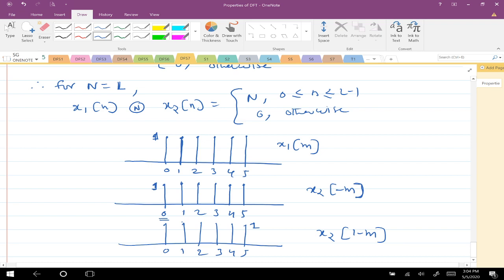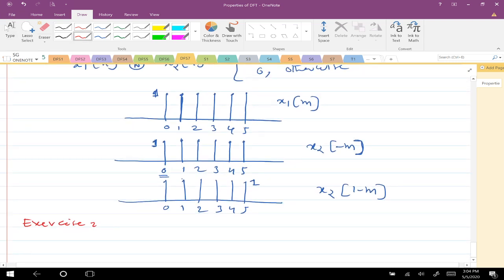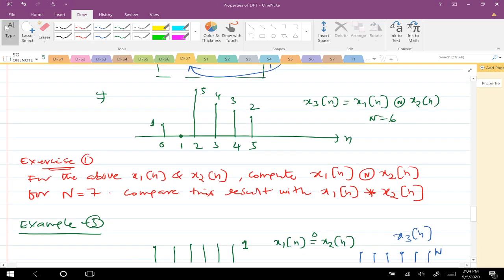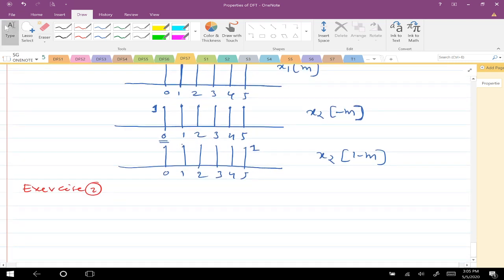Okay, with this I'll give you one more exercise. Please do solve this out. That's very much required, and will be very helpful for understanding the continuations of these things later. So this I think is the second exercise, if I am not wrong. Take the same x1 of n and x2 of n, but now compute the x1 of n, N-point circular convolution of x2 of n, for N equal to 2L, twice the length of your signal.